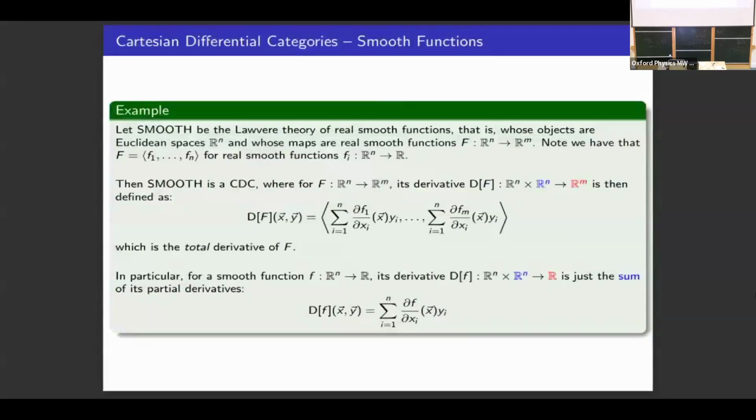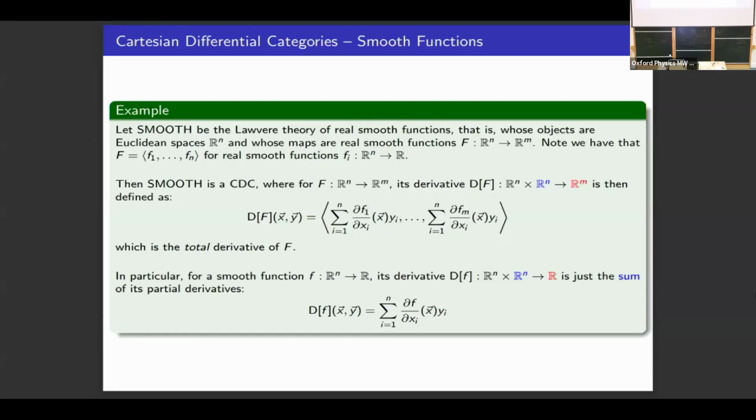Okay, so the main example that we're going to have today is the same example that Tyler used in his talk, the Lawvere theory of real smooth functions. So this is my category: my objects are Euclidean spaces R^n, and my maps are just smooth functions between them. And this is a CDC where for every smooth map F from R^n to R^m, remember that this capital F is actually just the tuple of little smooth functions F_i from R^n to R, then its forward derivative is what's called the total derivative.